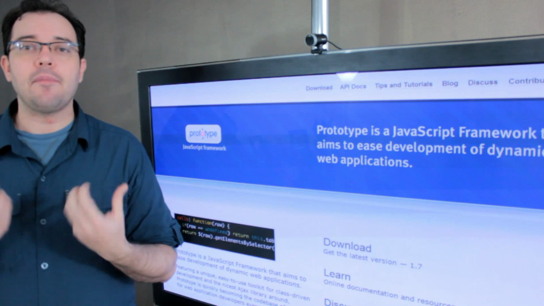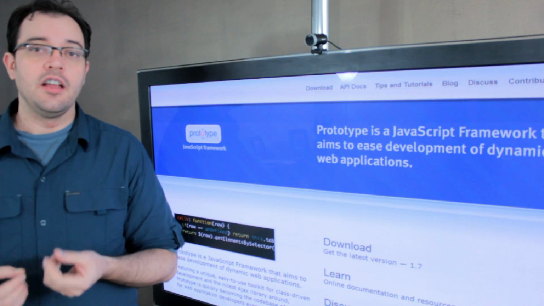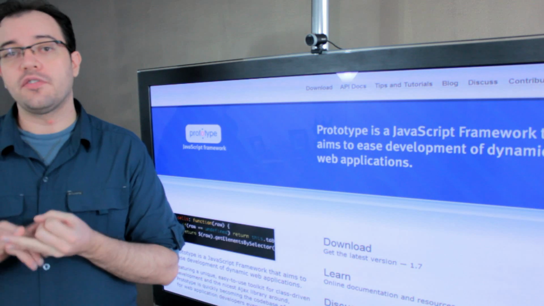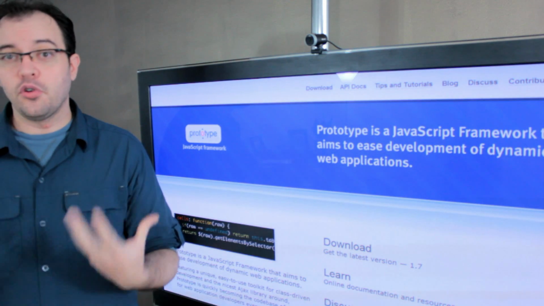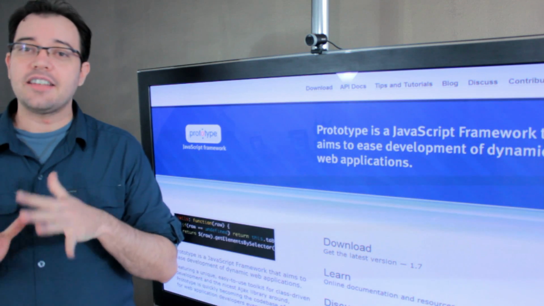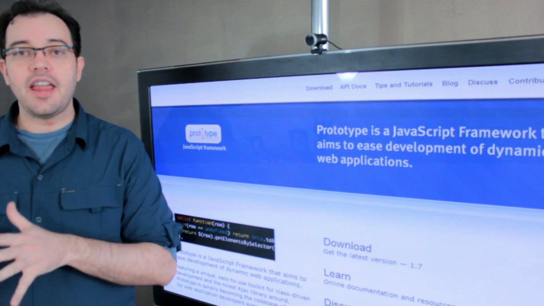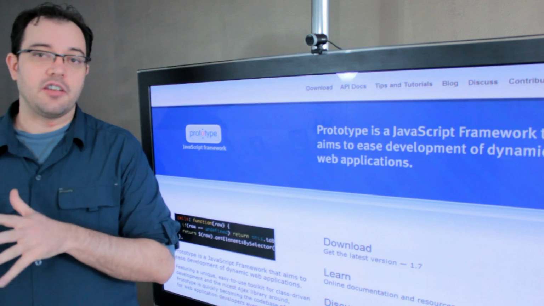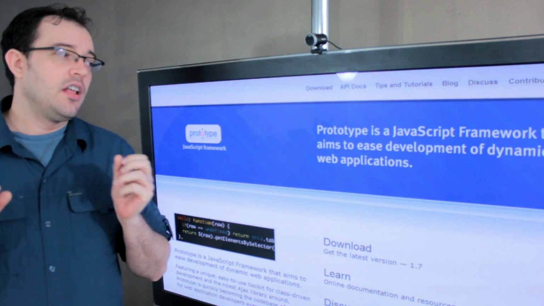So there are optimizations to make jQuery function very quickly within Google Chrome, Safari, WebKit, Firefox, Trident, Internet Explorer, Opera, all of those. Whereas Prototype hasn't had those kinds of optimizations made to the JavaScript accelerators that are built into most browsers.